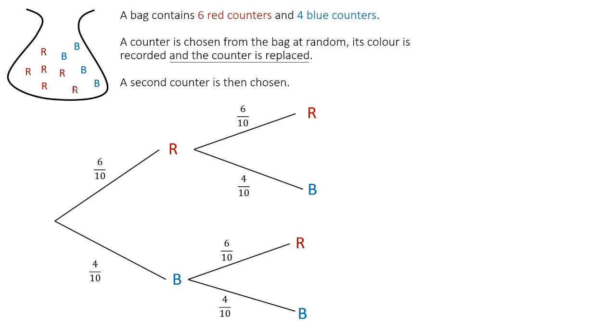But what do we do with all these probabilities? Well, it turns out that we can consider these different options. For example, we might want to work out the probability of getting a red, then a red. For reasons that are actually very difficult to prove, it turns out that we can find the probability of a red, then a red, by looking at the numbers along those branches, red for the first one, red for the second one, taking those 2 fractions and multiplying them together.